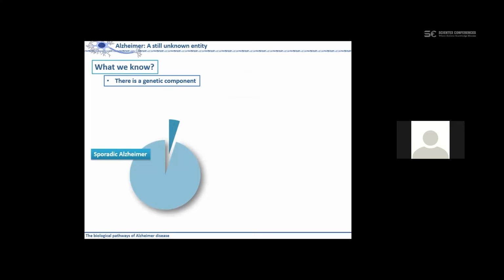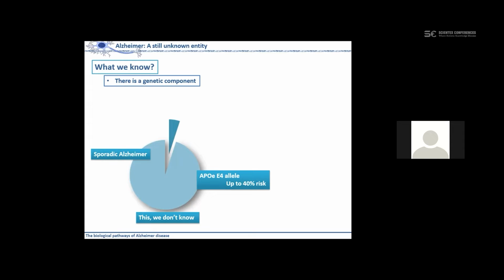Of this selection of cases, which are also known as sporadic AD, the best correlation found is represented by ApoE, and in particular by its E4 allele, which increases the risk of developing dementia 2 to 3-fold if it's present in heterozygous condition, and up to 12-fold if it's present in homozygous condition.